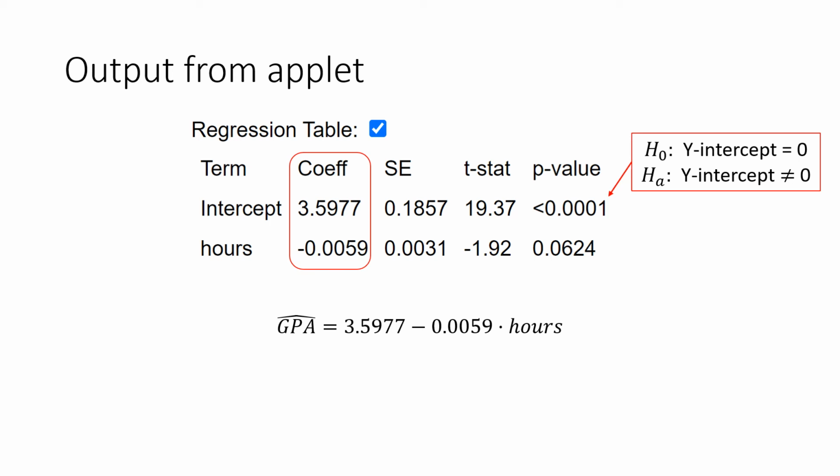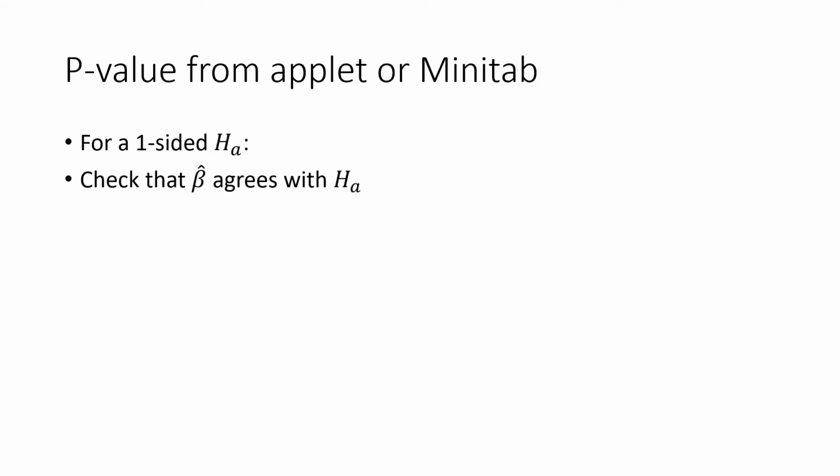The p-value on the line for the explanatory variable, in this case hours, is the p-value for a two-sided alternative hypothesis. To get the p-value for a one-sided alternative hypothesis, start by checking that beta hat, the slope of the regression line for the sample, agrees with the direction of the alternative hypothesis.